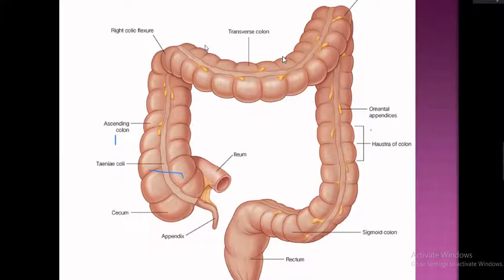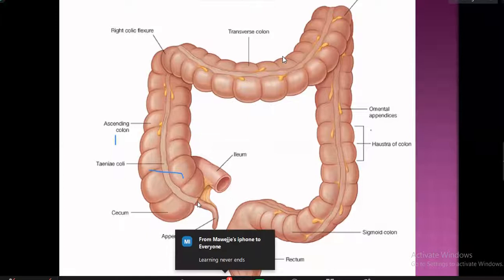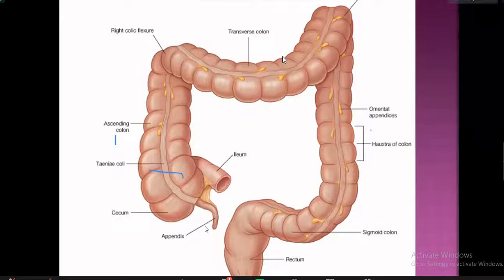Appendicitis is inflammation of the appendix. Either you have something obstructing it, maybe stones, maybe worms, maybe a mucus plug, maybe even feces. Okay, but it's possible that it can perforate and you have an appendicular abscess. It may perforate and then you have even stool in the right iliac fossa. So when you reach the clinical years, you continue with that discussion of how to manage appendicitis and how to identify it.